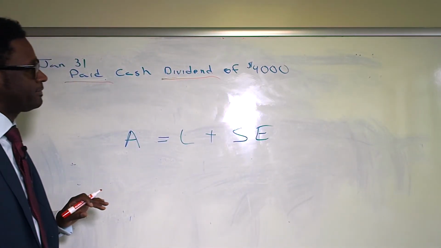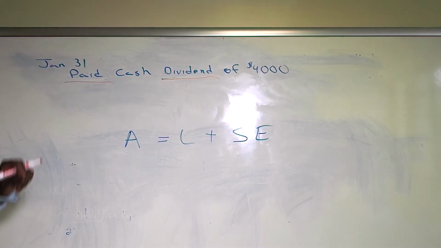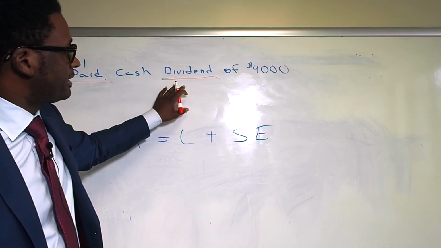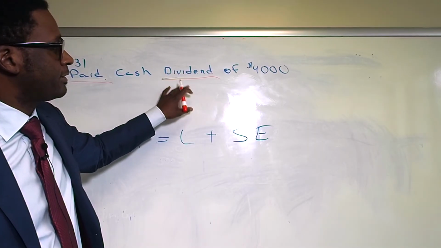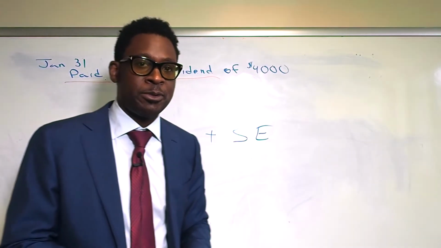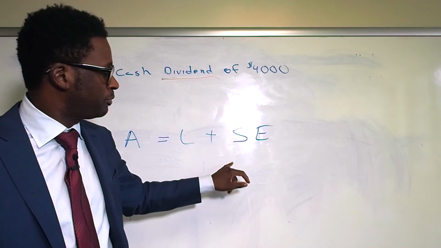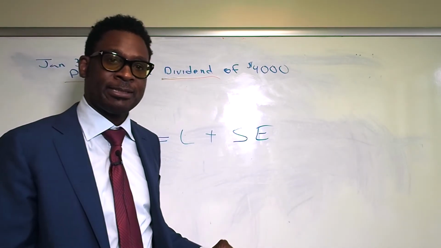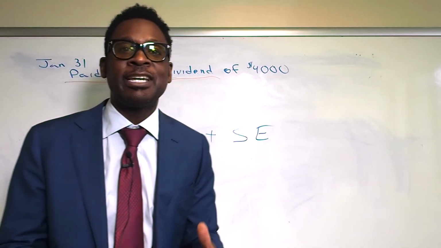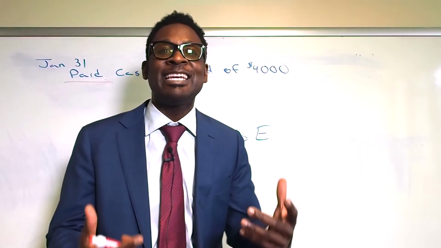What about dividends? Well, we paid the dividends, right? And dividends happen to affect stockholders' equity. Remember, gang, stockholders' equity is broken down into two parts. The first part is paid in capital, which is common stock. And the second part is retained earnings. Retained earnings is also known as income.